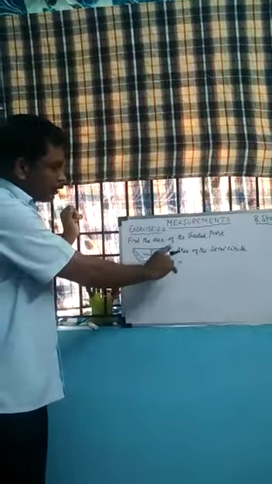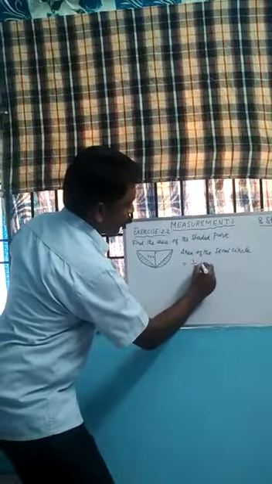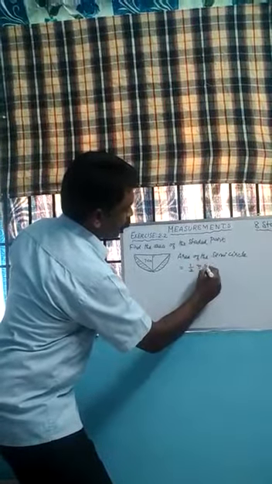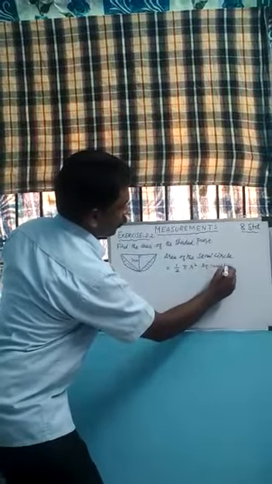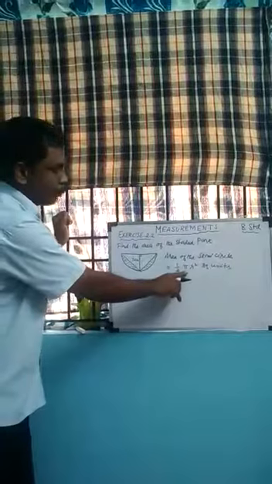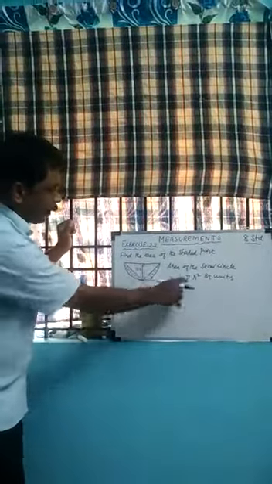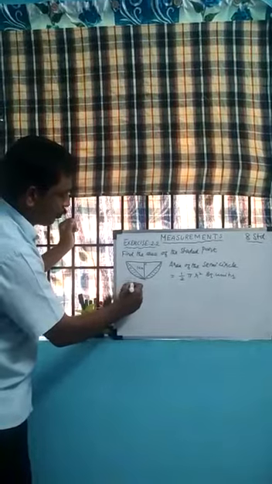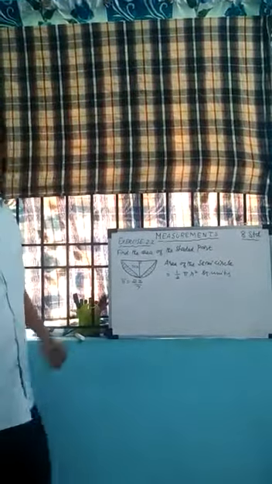Therefore, area of the semicircle equal to 1 by 2 into pi into r squared square unit. Here already given pi equal to 22 by 7.